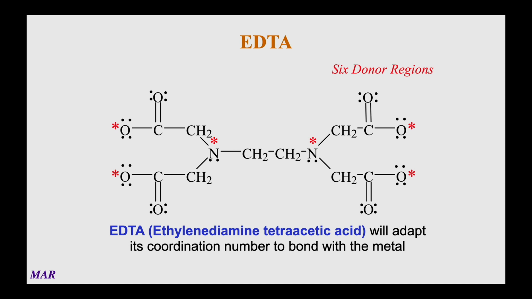It's ethylene diamine, so ethylene is the 2 carbons in the middle, diamine, the 2 amine groups, but it's also tetraacetic acid. Now, acetic acid would be CH3COOH. They're not including either the lone pair or the hydrogen here. Most of the time, for most of these complexes, I would put just another lone pair right there. So this would be the deprotonated version, or the more basic version, if you will, all right?